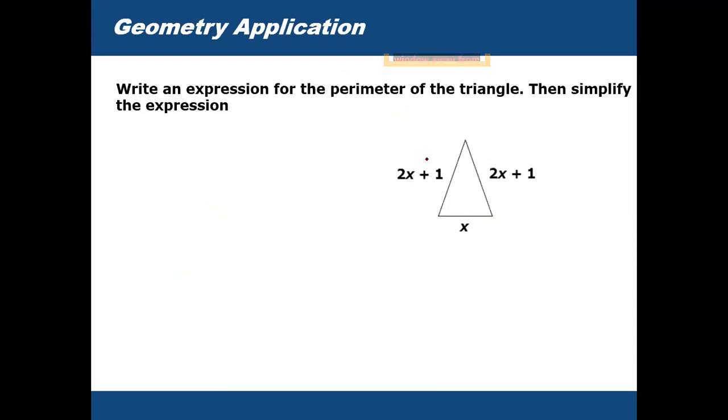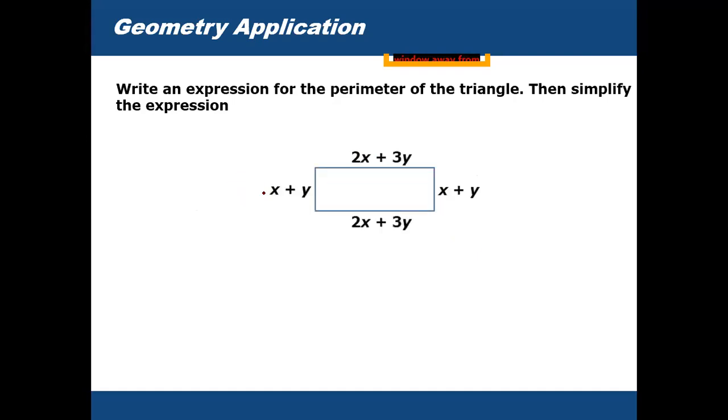Excellent, Nurullah. So 2x, 2x and 1 give 5x, and the constant numbers, 1 plus 1, equal 2.